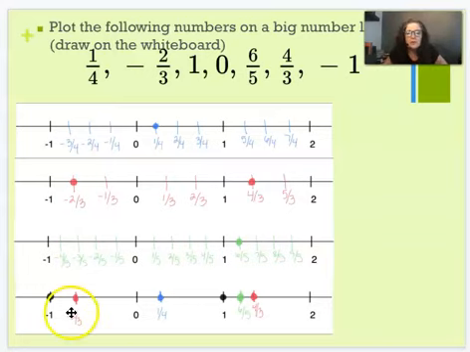But using these three number lines, I can tell, notice I lined them up exactly. 1/4 is here, 2/3 is here, sorry, that's -2/3. 6/5 is to the left of 4/3, and I can tell that right here. I also numbered -1, 1, and I should have put a dot right there at 0 on my number line. So that's one strategy that might help you.